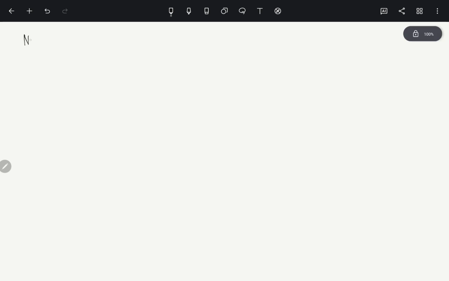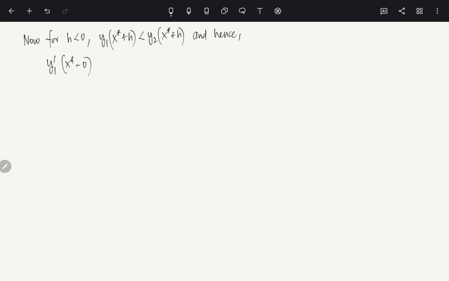For h negative, y1 of x star plus h is dominated by y2 of x star plus h, right? And hence y1 prime of x star minus 0.